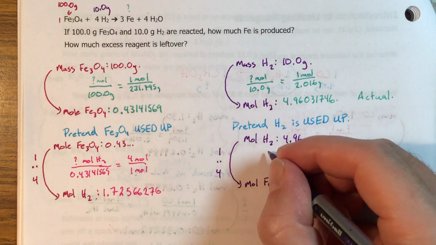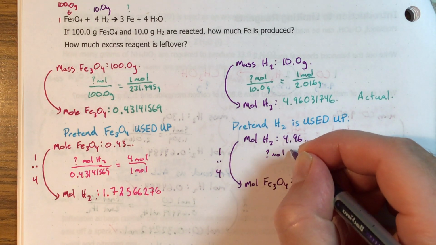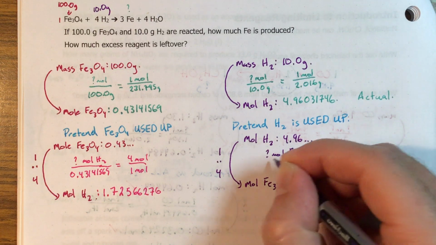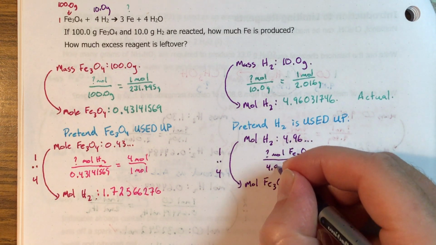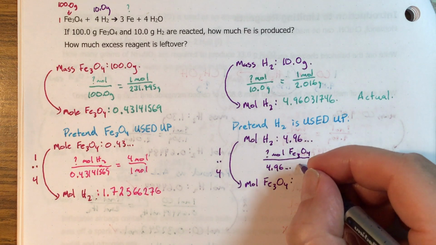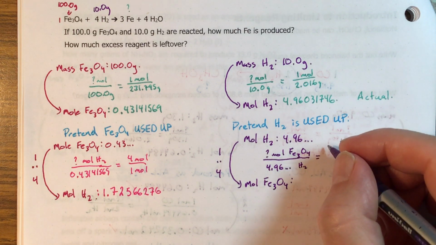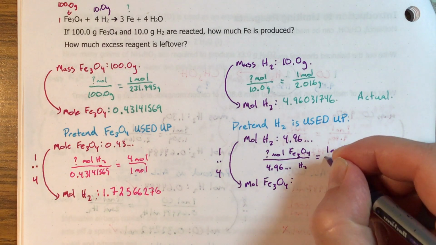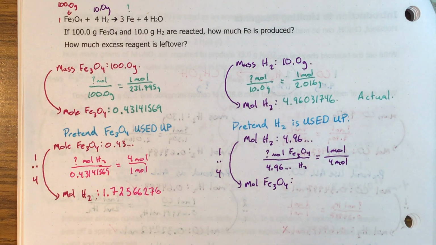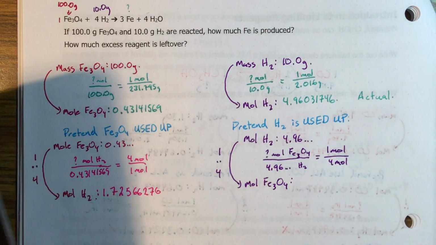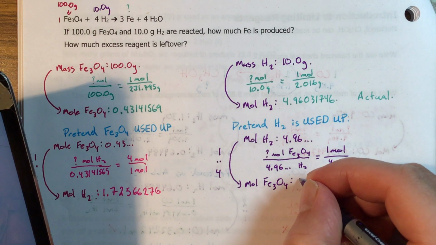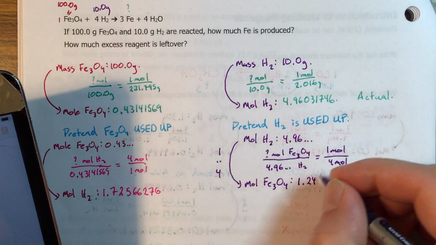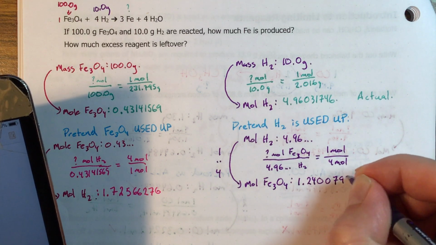So we write out how many moles of Fe3O4 are required to react with 4.96 moles of H2 if the molar ratio is 1 mole to every 4. 4.96 times 1 divided by 4. So I have this 4.96 already in my calculator, and I divide it by 4, and I get an answer of 1.24007937.